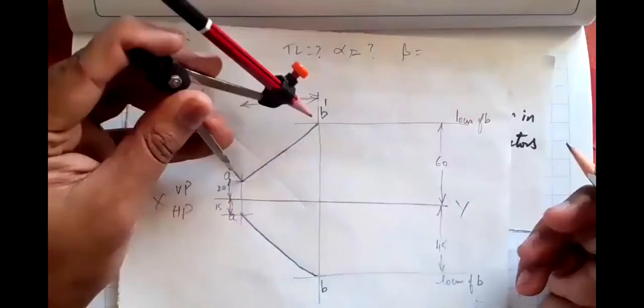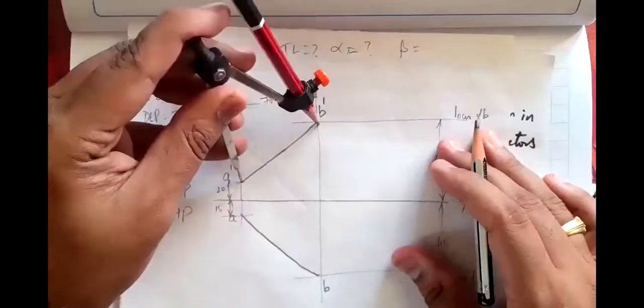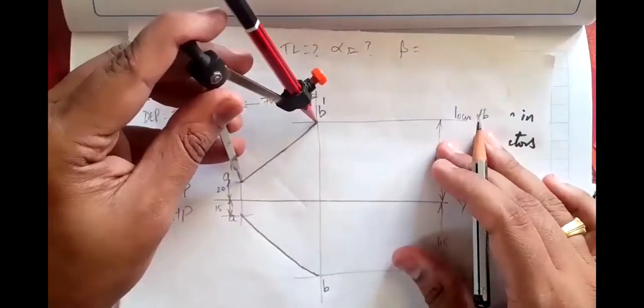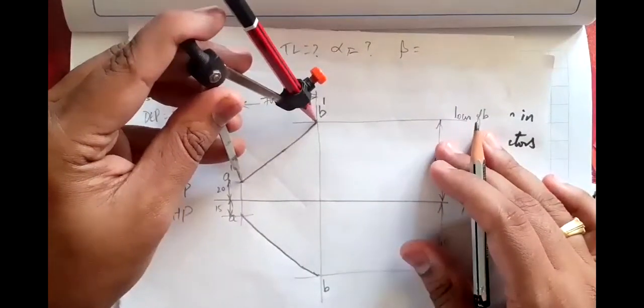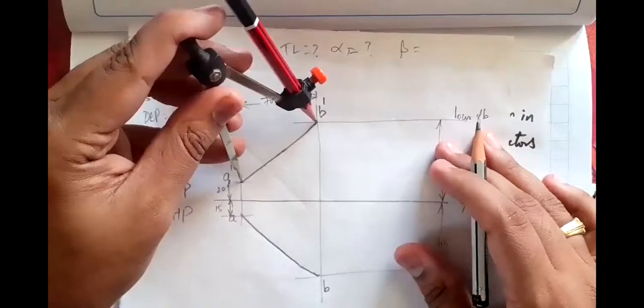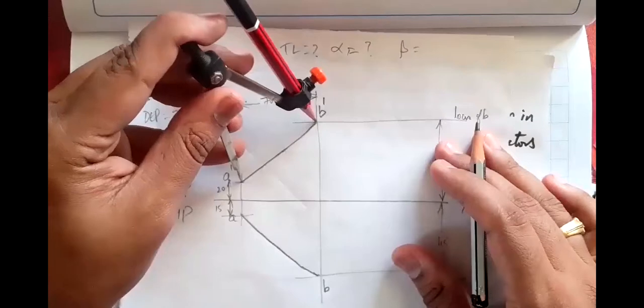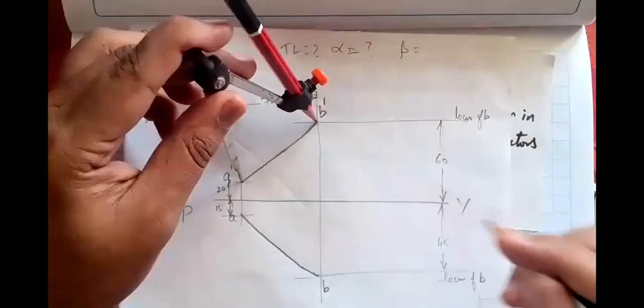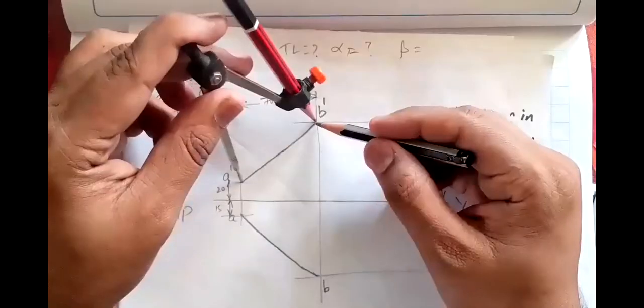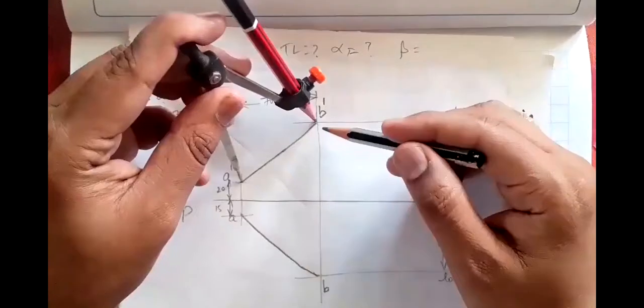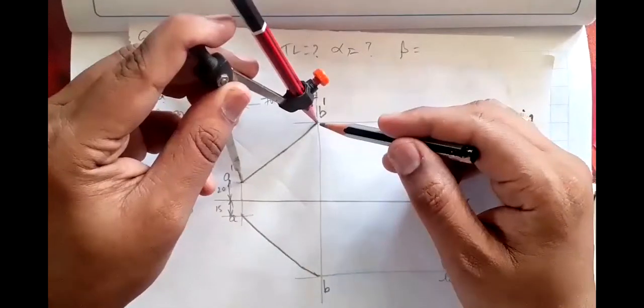Next. What is next? Keep it on A and draw an arc, sir. I'll start an arc from here. Where should it end? On the XY plane, sir.